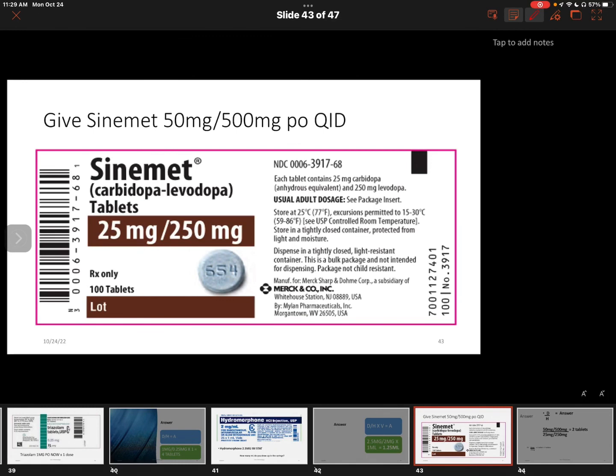Give Sinemet 50 milligrams / 500 milligrams PO QID. Anytime that you see this, it means that there's, in Sinemet, carbidopa, levodopa. These are 2 different products combined into 1 tablet. So there's 25 milligrams of the carbidopa, and there's 250 milligrams of the levodopa in 1 tablet.